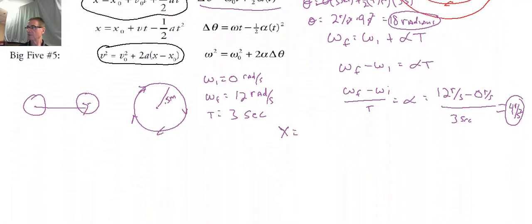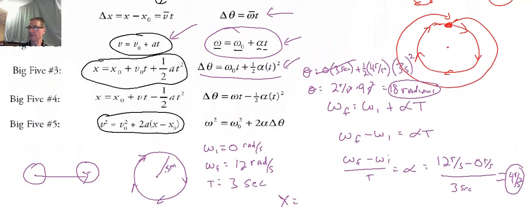So x equals r times theta, which is equal to the radius, which is 0.5 meters, times theta, which was 18 radians, and 0.5 times 18 would be 9 meters. So that's the linear distance that my wheel would have traveled.